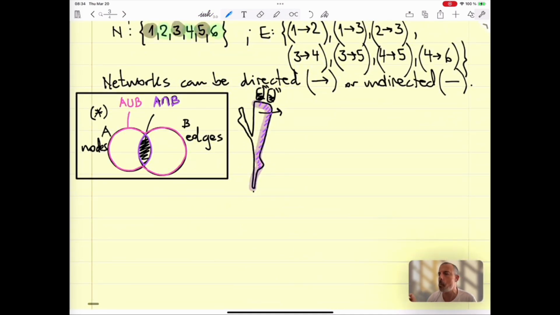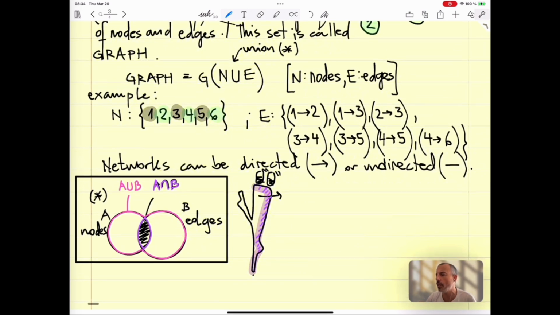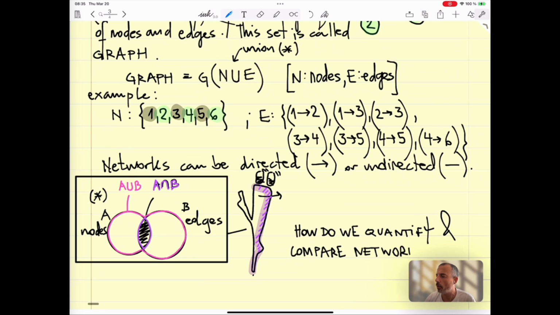So here the funny question, and I guess this question is relevant for business, is how do we quantify and compare networks?